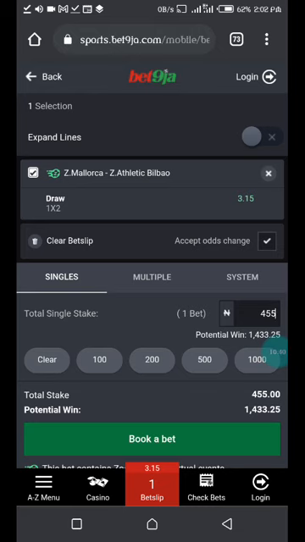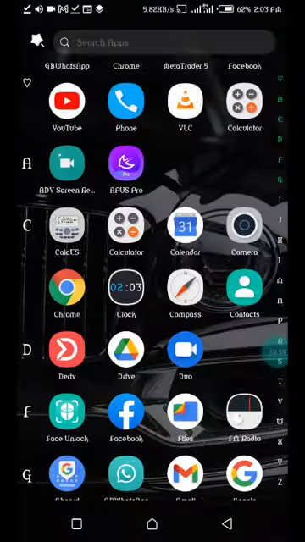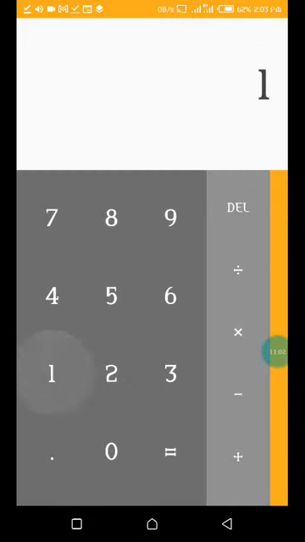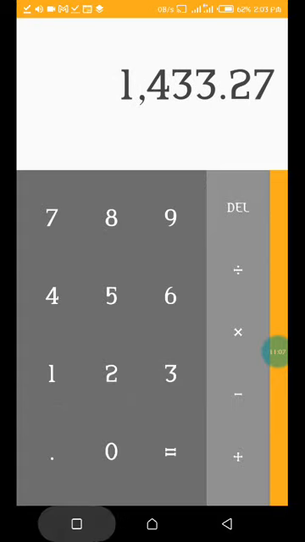So for instance, the away, let's say the draw game actually played out for you. If the draw game plays out for you, you're going to be making 1,433.27 if I'm correct.